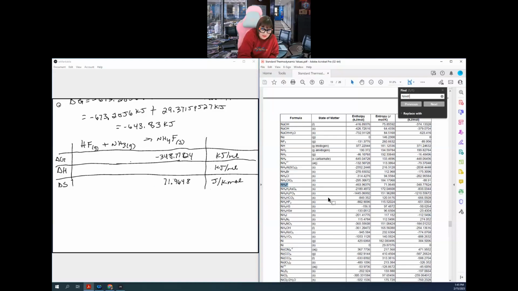And then my delta H on that same thing is negative 463.96376. Okay, let's find our NH3, which is going to be this one right here.